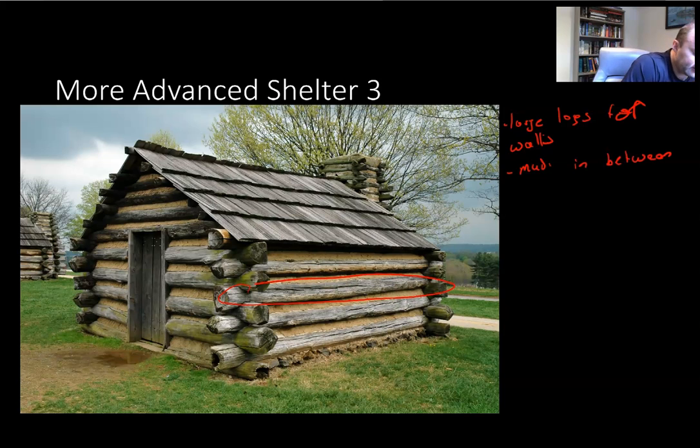So just like with the previous one, where we had mud in between the stones to seal things out, we've got mud in between the logs. Now this time the roof is still sloped, but it seems to be made out of panels of wood. We call these shingles. So made of wooden shingles.